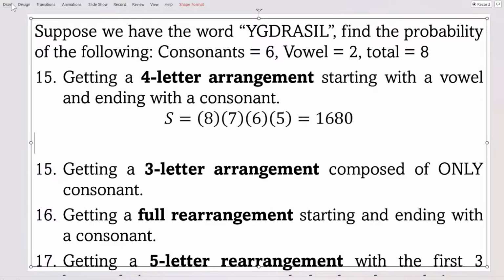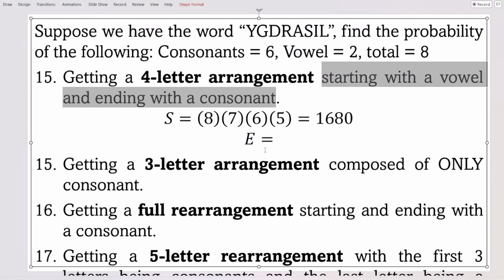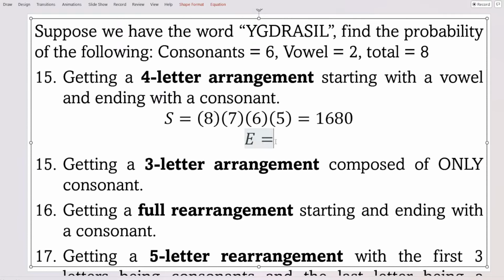Now, what is the event that we are looking for? The event that is following the condition. What is the condition? The condition is it starts with a vowel and ends with a consonant. So one, two, three, and four. It must start with a vowel and it must end with a consonant. How many vowels are there? We have two vowels, so two here. How many consonants are there?